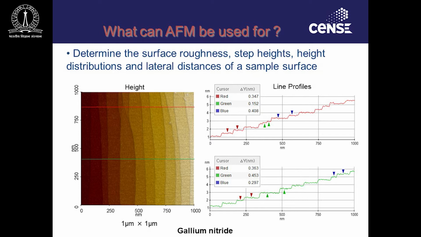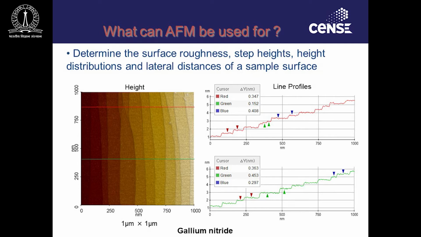Again, coming back to what we can use it for, this is an example of step height imaging over here. You can see there is a difference in contrast depicting a change in the height in these steps. You can also use it for roughness measurement and other things, height distributions. Here, after imaging, using the analysis software, we have put two different lines over here.